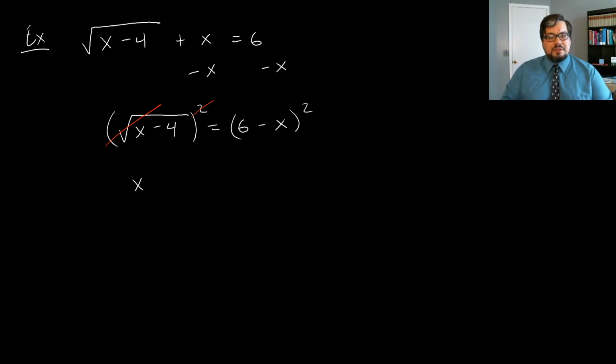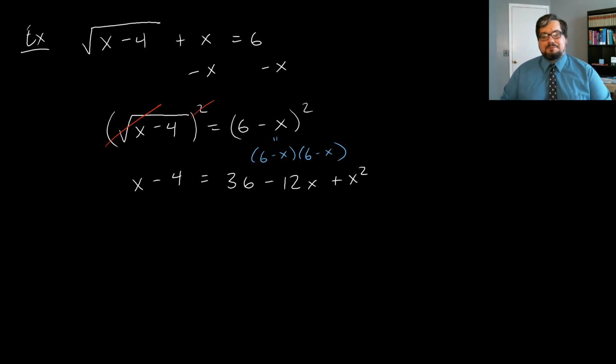And so we're left with x minus 4 on the left. And then on the right, we have 6 minus x squared, which is 6 minus x times 6 minus x. And if we multiply all of that out, we'll get 36 minus 6x minus 6x is minus 12x plus x squared.